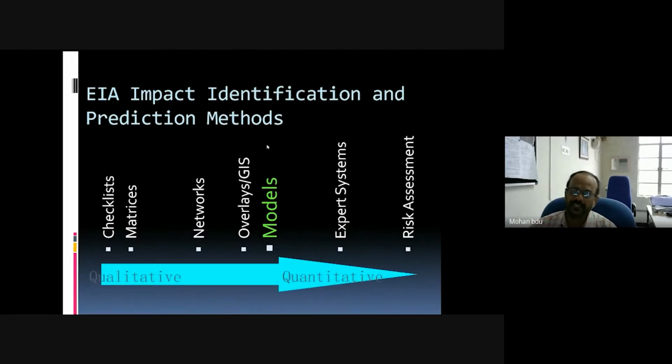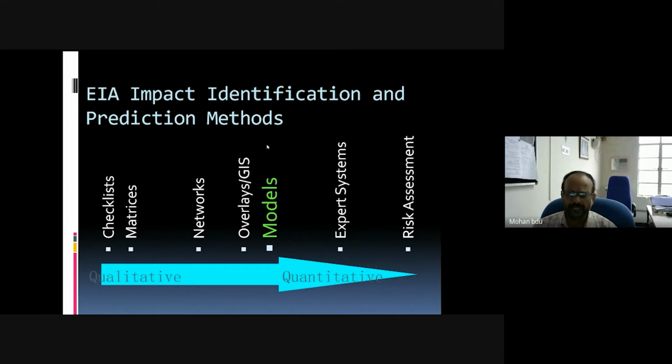the identification of the impacts or the likely impacts are predicted by various methods. The most commonly used ones are the checklist, matrix, GIS, overlays, and the risk assessment methods.